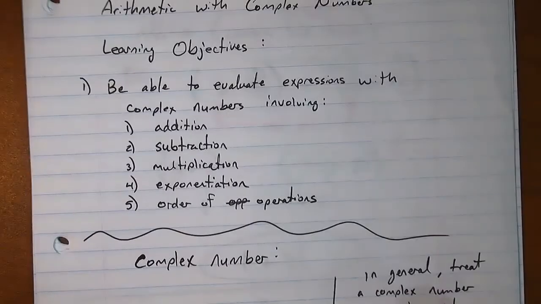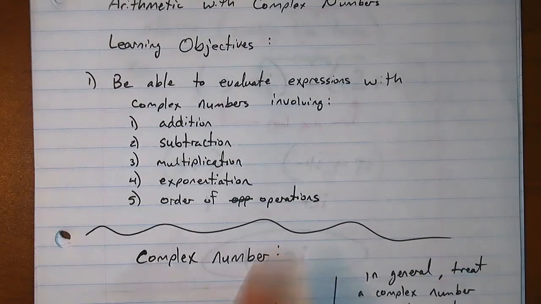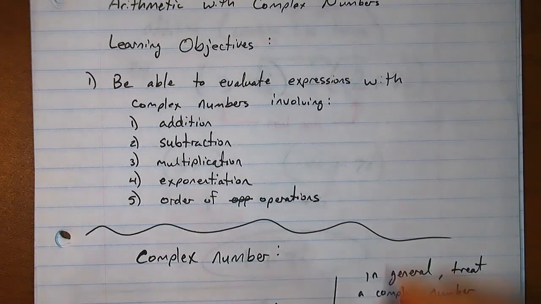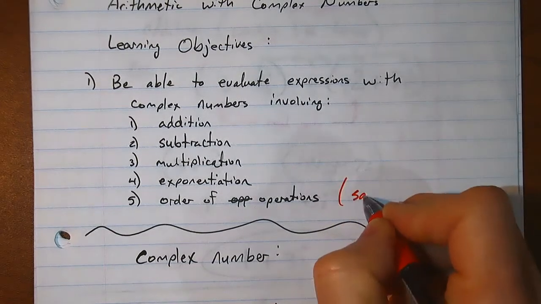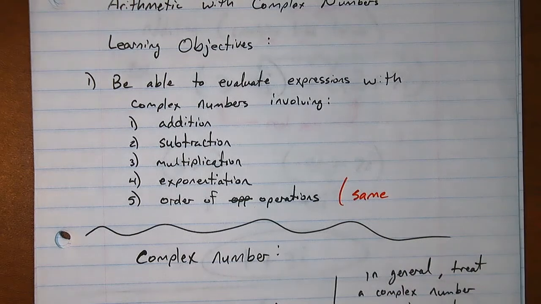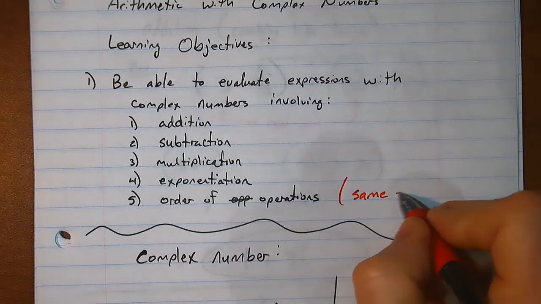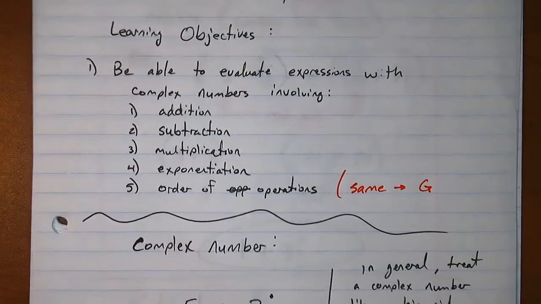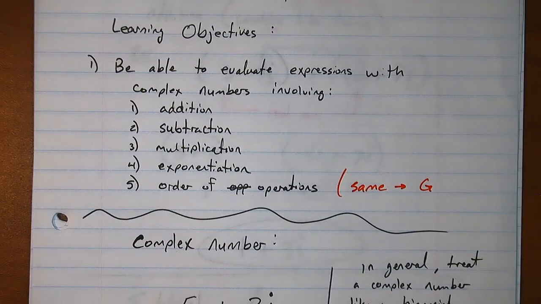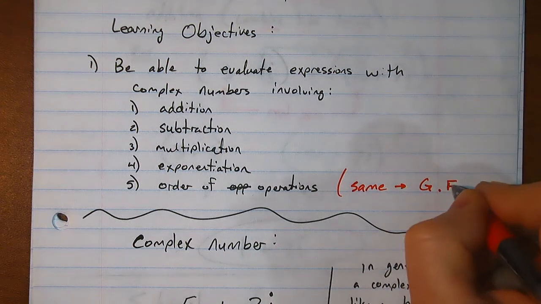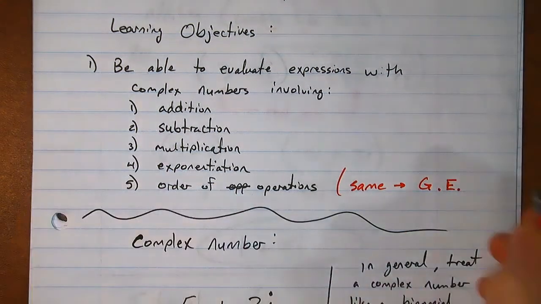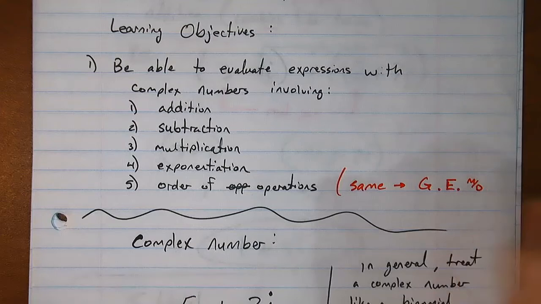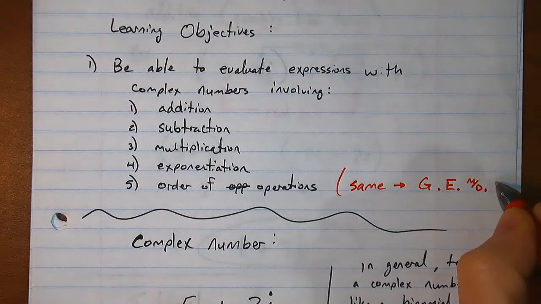We've done all of these things except order of operations. And with order of operations, they're exactly the same as they were when we did regular numbers. So we're going to start with grouping symbols first, right? That's the P in PEMDAS, or please excuse my dear Aunt Sally. We're doing grouping symbols first, then exponents second, multiplies and divides third, adds and subtracts last.